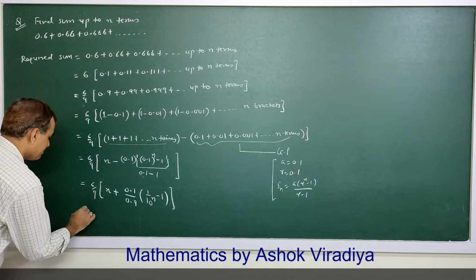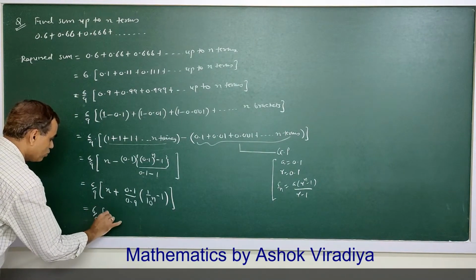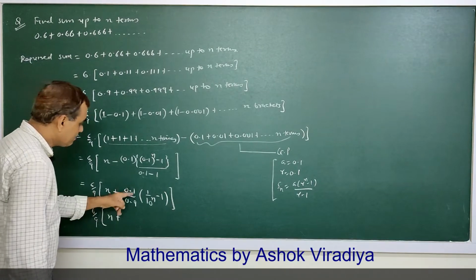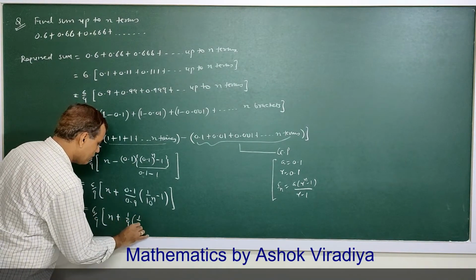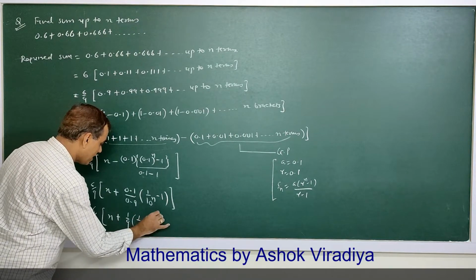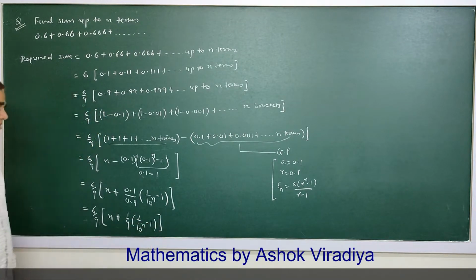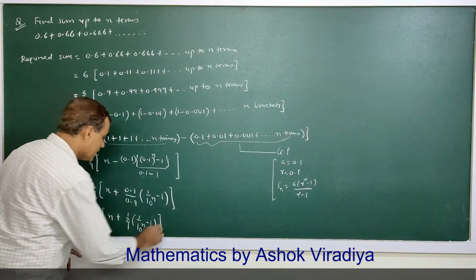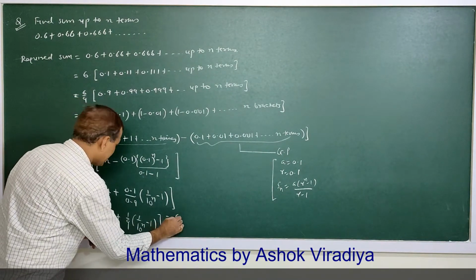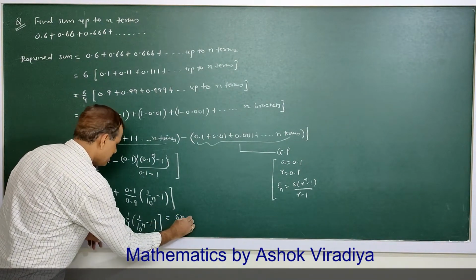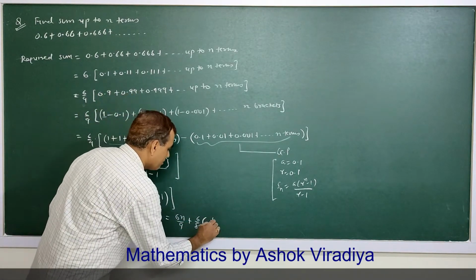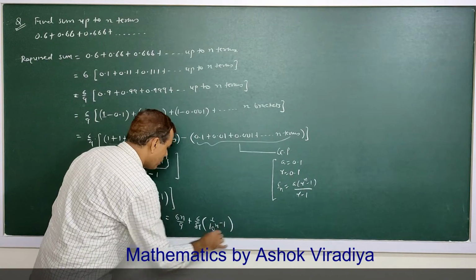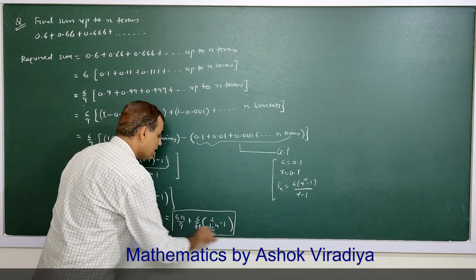So this is 6 by 9 into n plus 1 by 9 into bracket 1 by 10 raised to n minus 1. Multiplying, 6n by 9 plus 6 by 81 into 1 upon 10 raised to n minus 1. This is the required value.